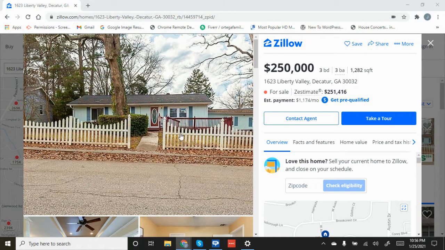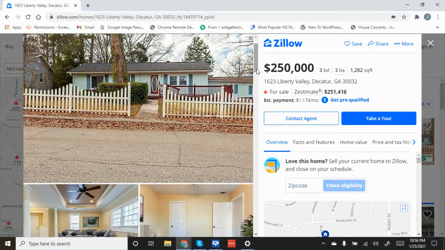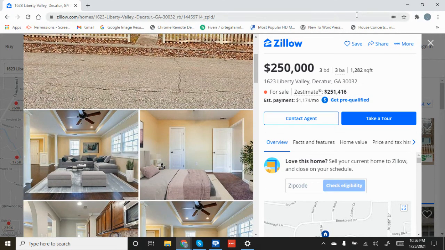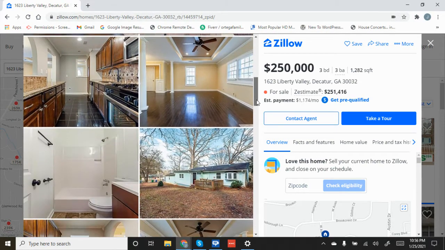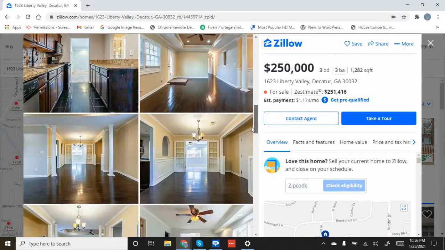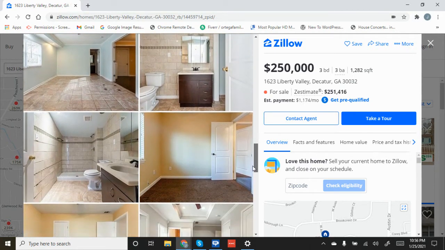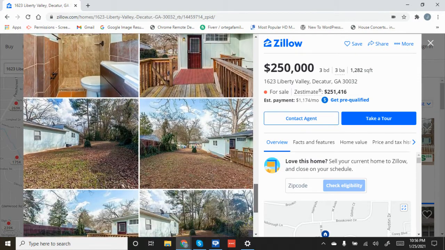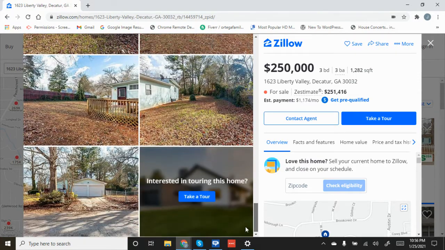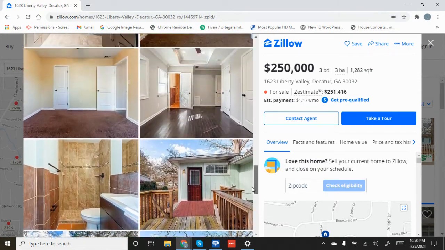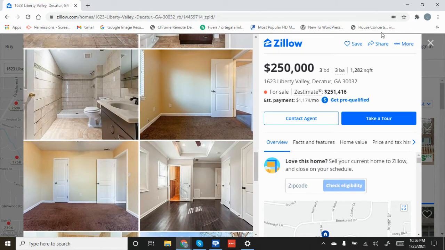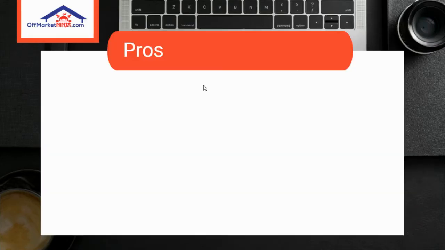So let's look through this property and look at the pictures. And notice that this property is in pretty good condition. Not necessarily what you're gonna get as a wholesaler, but it's a good example, because it's for sale right now, and we're able to see a few numbers. Anyway, let's go back to the presentation here and see what we got first.